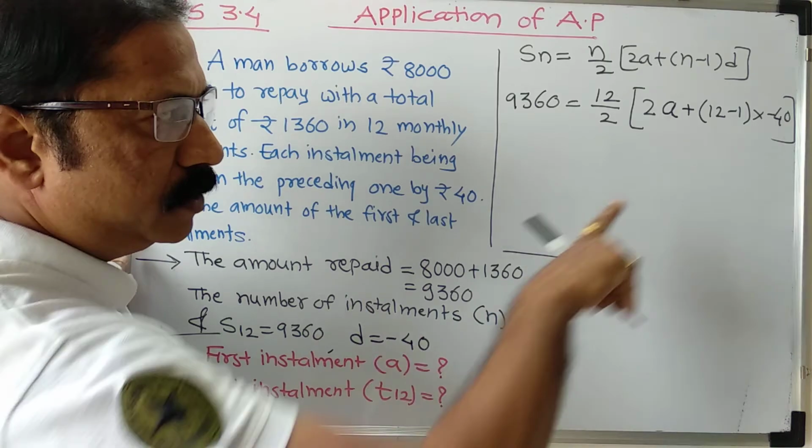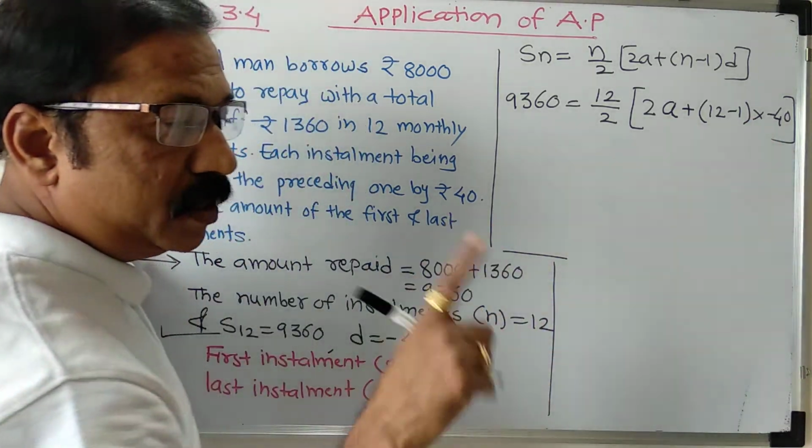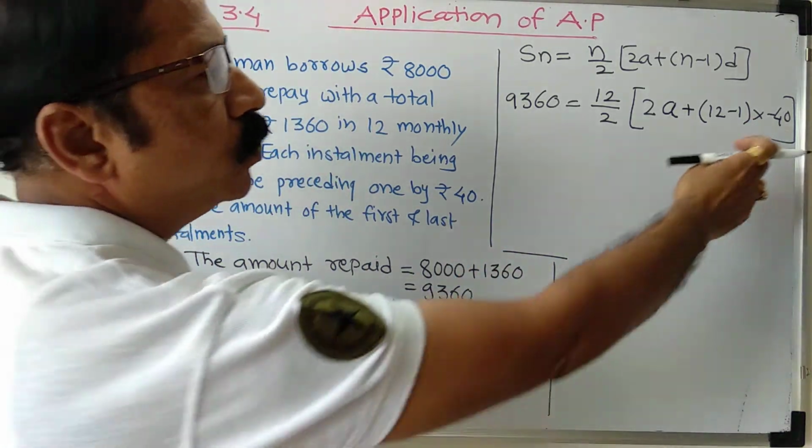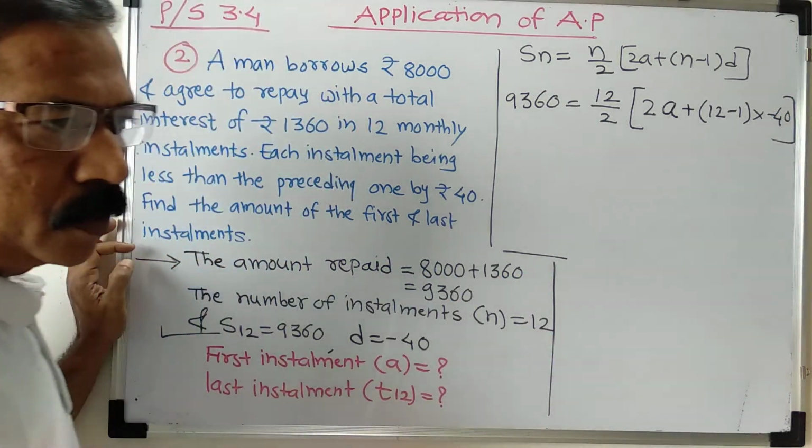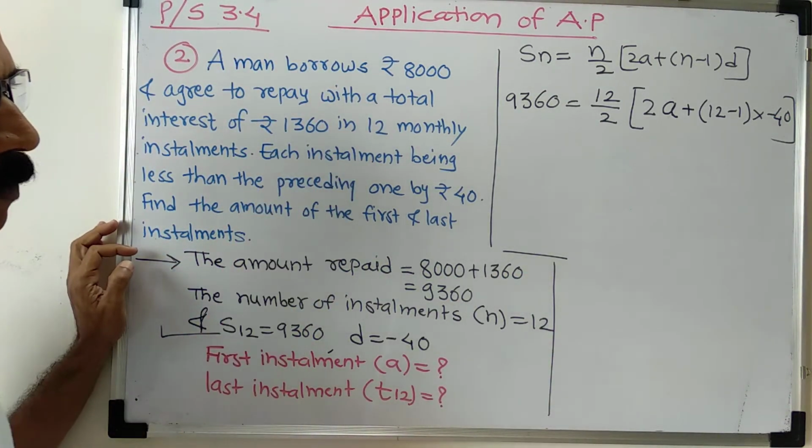The word less means minus 40 here. If each installment is increased, then you can take plus 40. So here the value of d is minus 40.